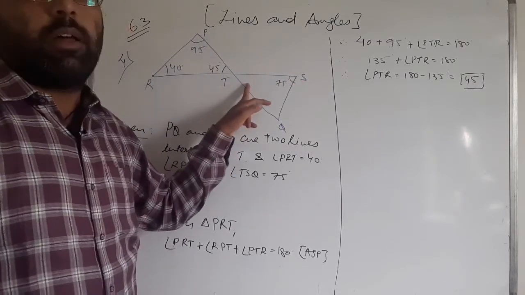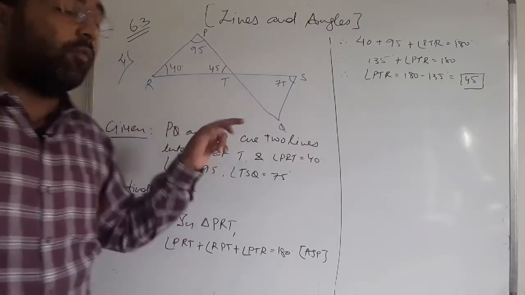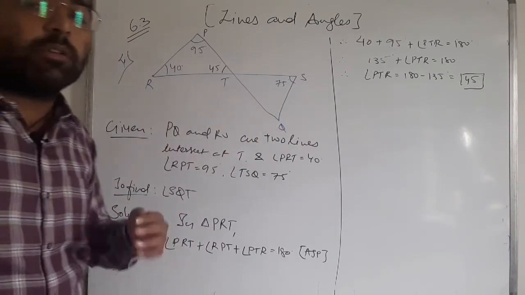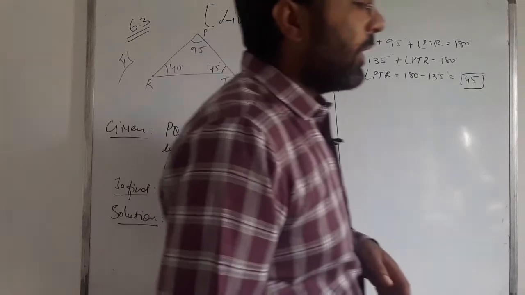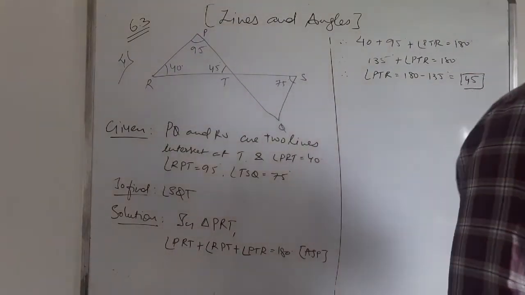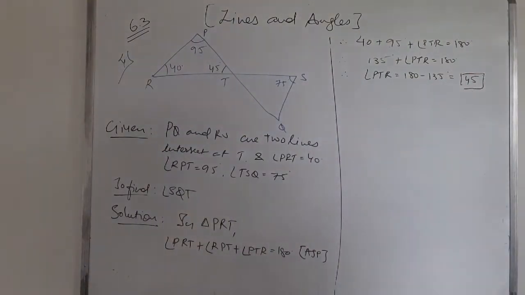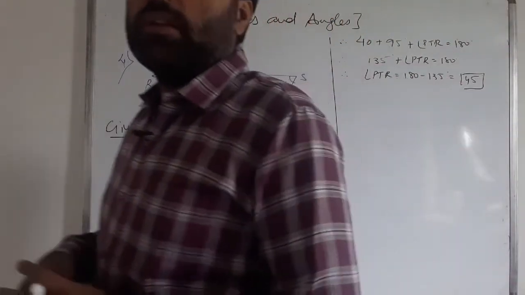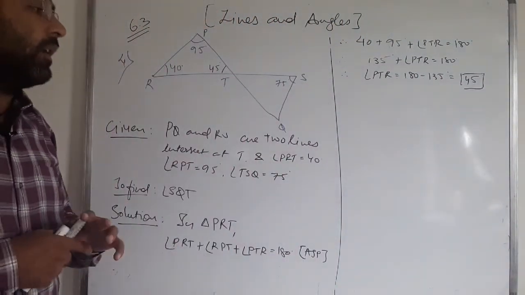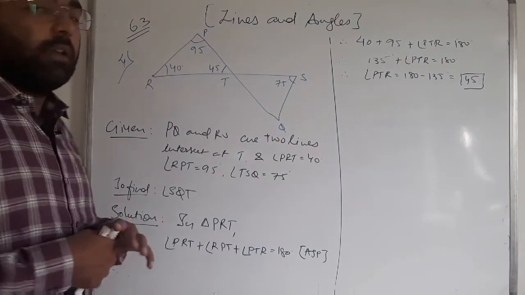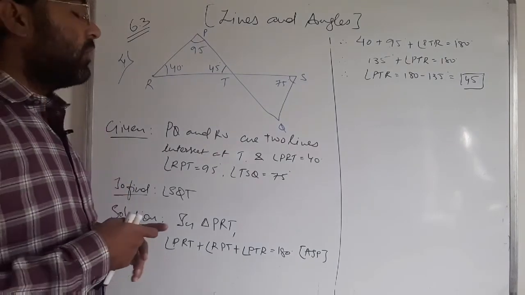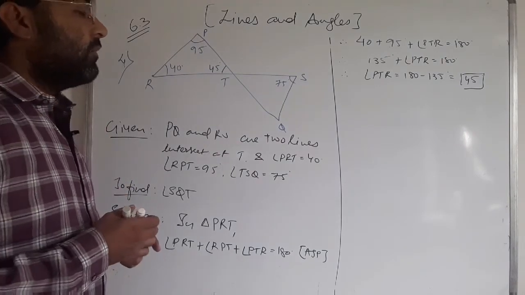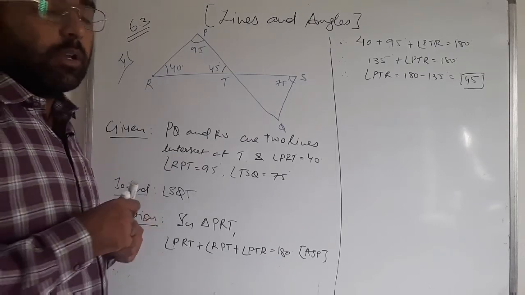I want this angle to find this angle, because using the angle sum property we can solve that, and we have to find the missing angle. For that missing angle, we need at least two angles.